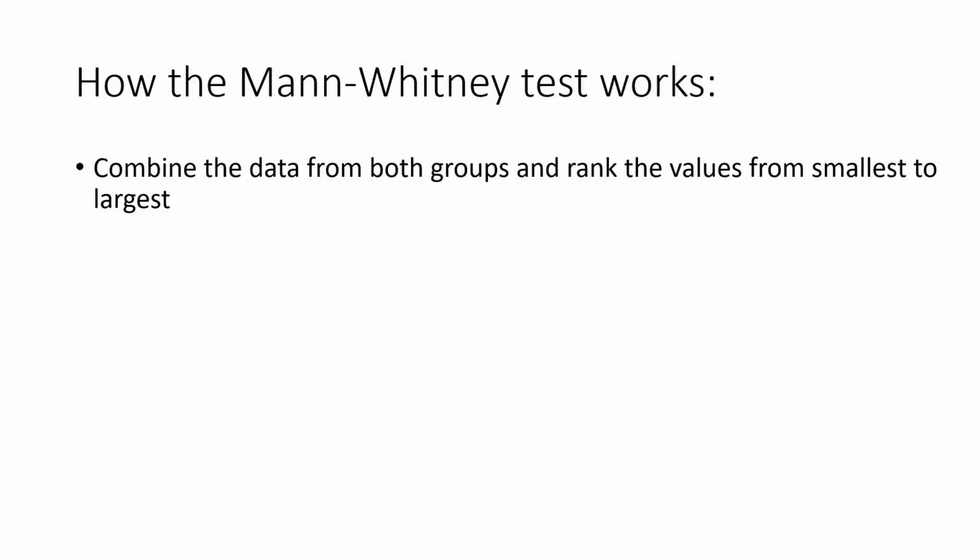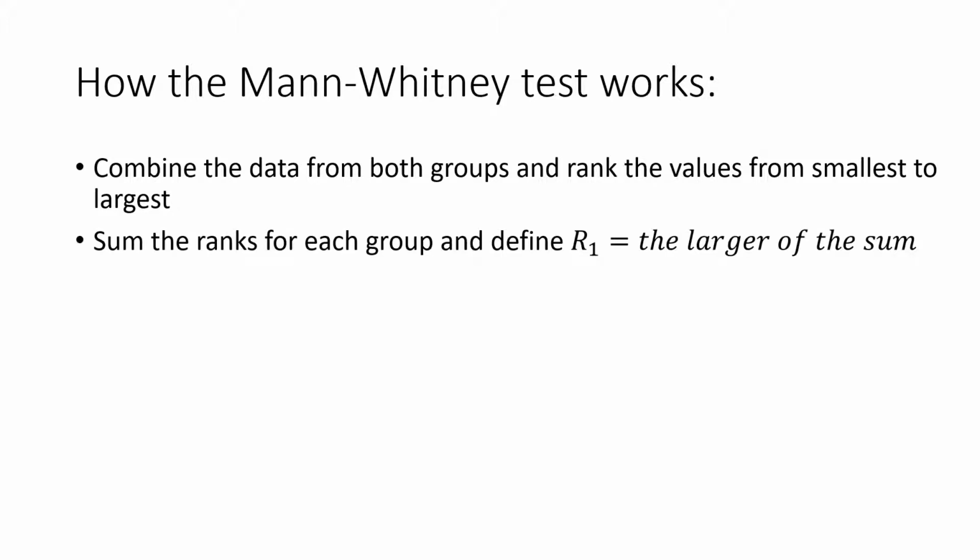So the way that the Mann Whitney test works is this. We start by combining the data from both groups and then ranking the values from smallest to largest. Then we calculate the sum of the ranks for each group and define R sub 1 to be the larger of the two sums.